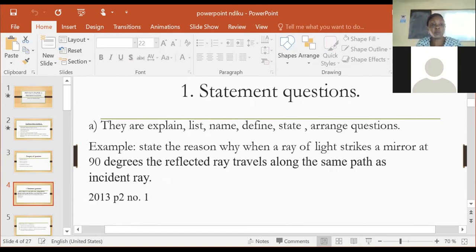We have an example of 2013 paper 2, question 1, a statement question. The question said, state the reason why when a ray of light strikes a mirror at 90 degrees, the reflected ray travels along the same path as the incident ray.